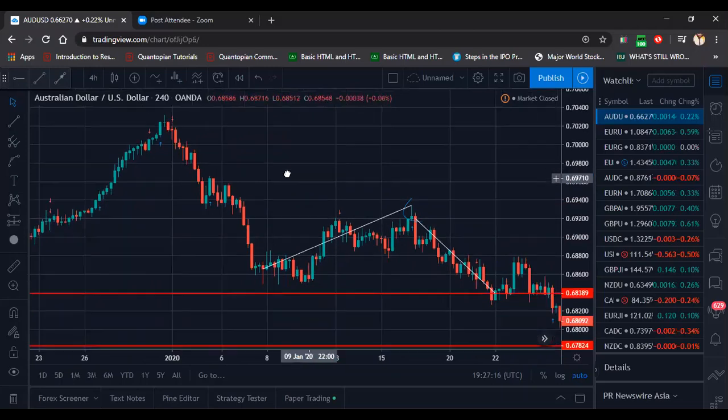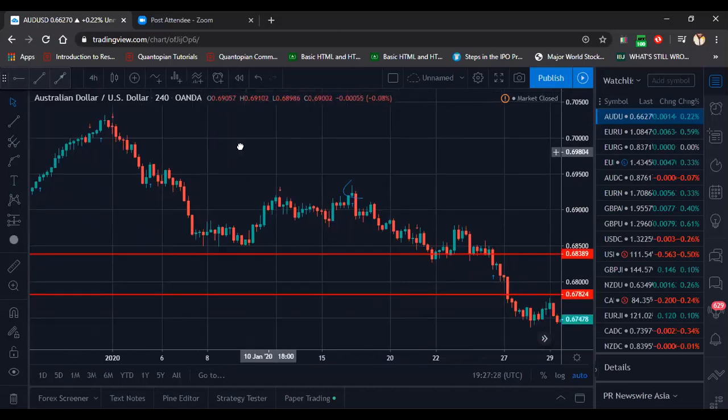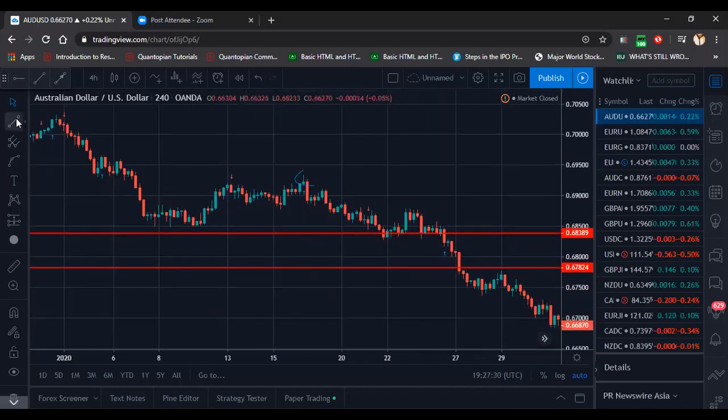So this setup you see here, these 3 candlesticks, this is the 3 black crows, right? You realize that sellers selling, sellers selling, sellers selling. And since then, look at the measure.